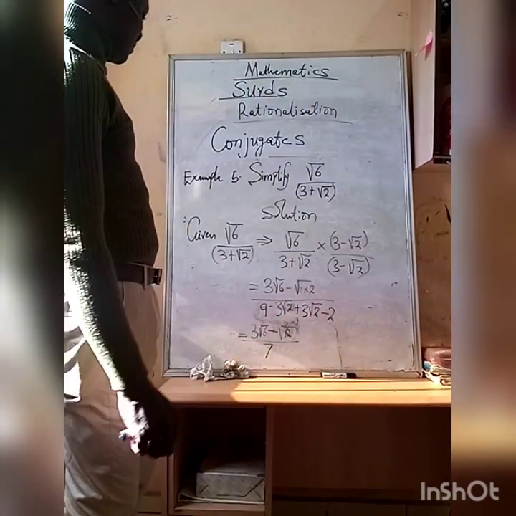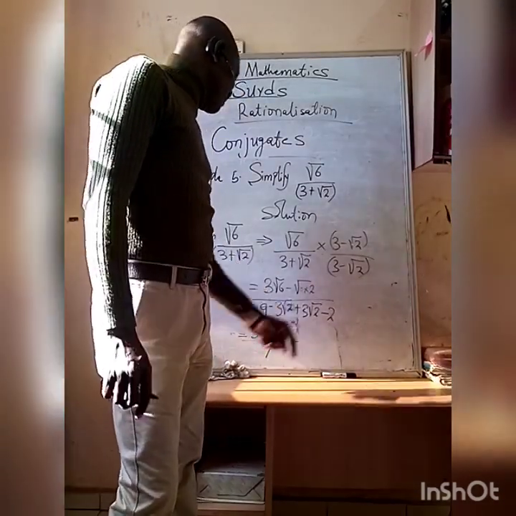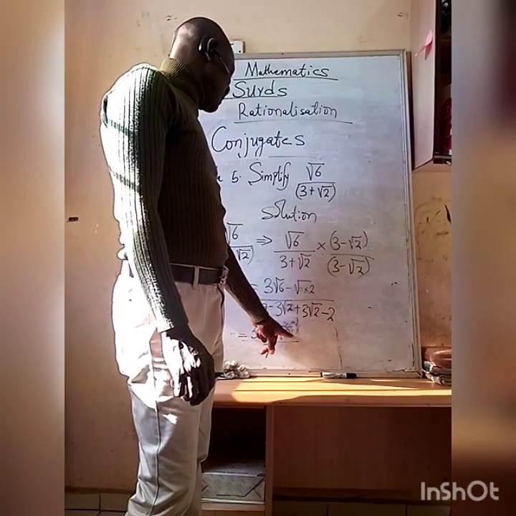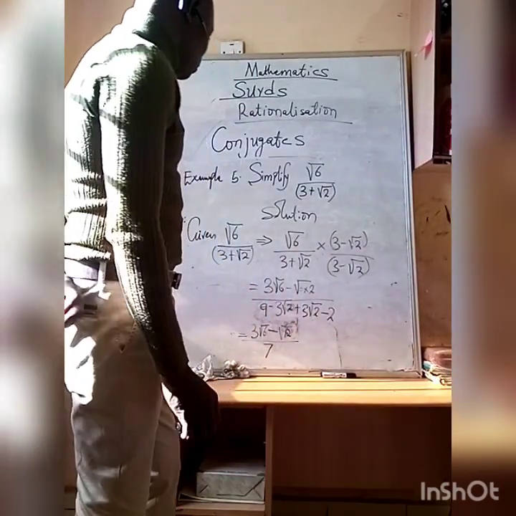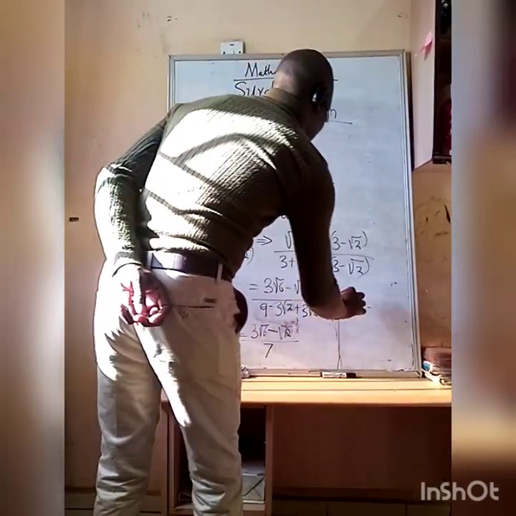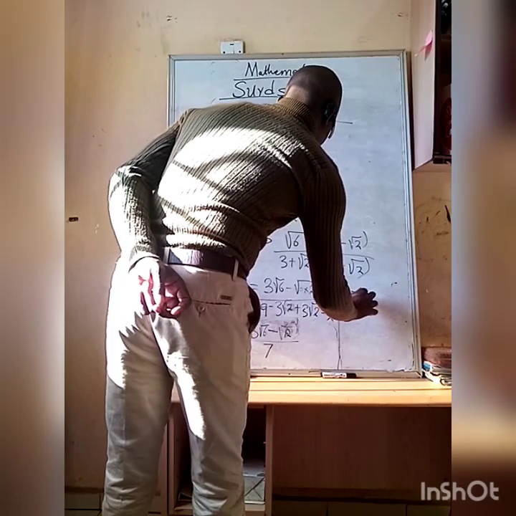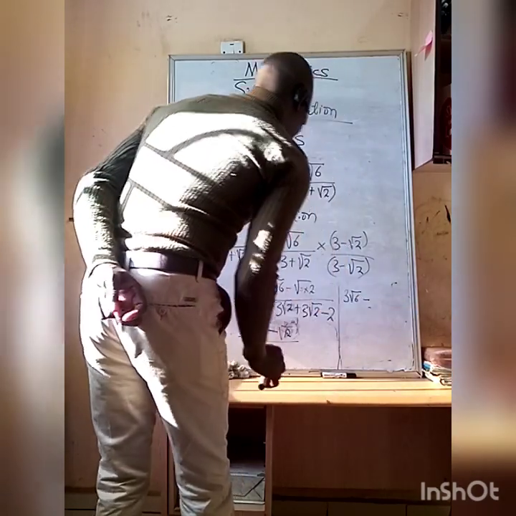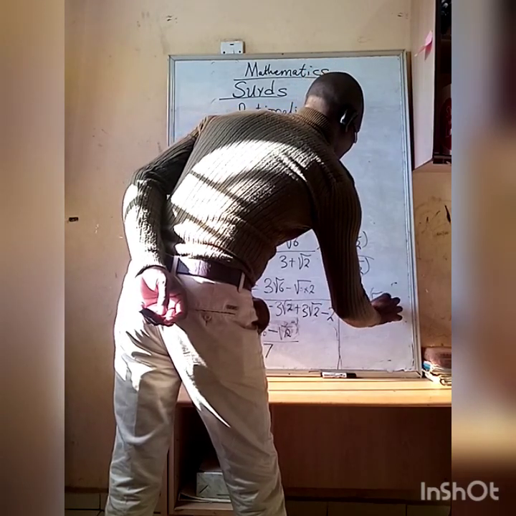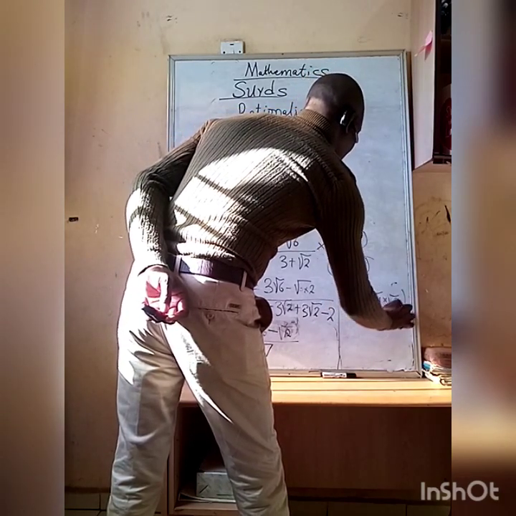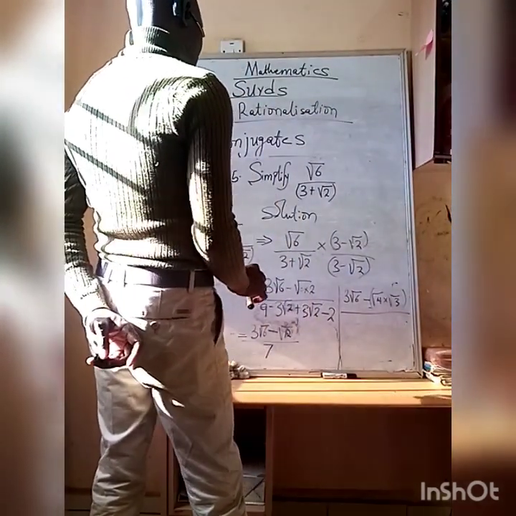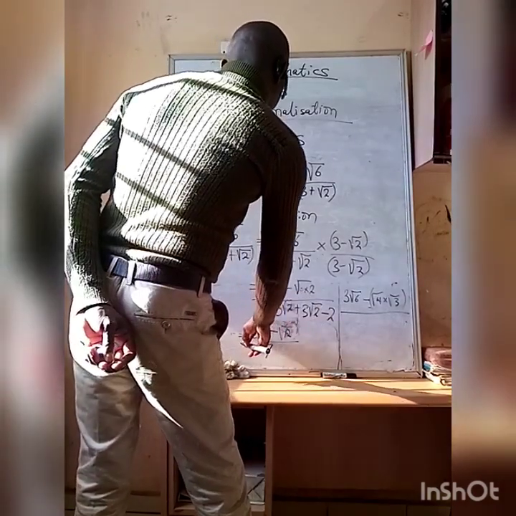At this point, this 12 can further be simplified because 4 is a perfect square. So we now do 3 root 6 minus root 4 times root 3, then all over 7. The root of 4 is 2.